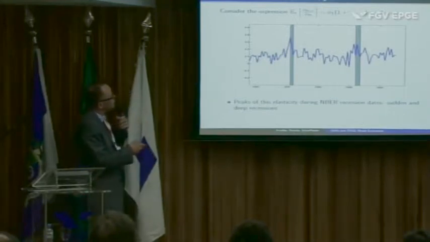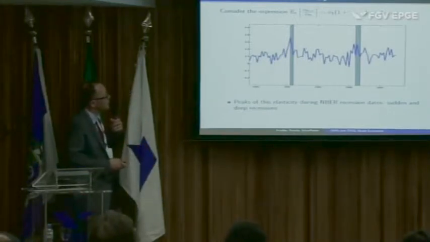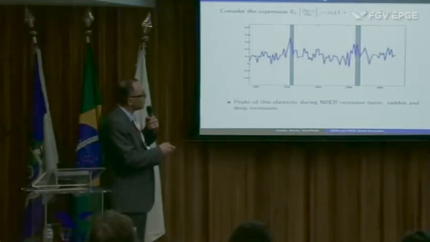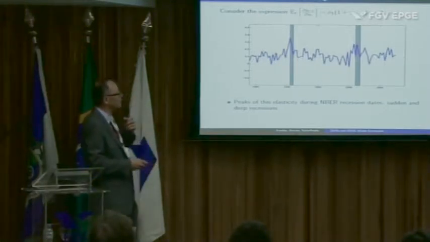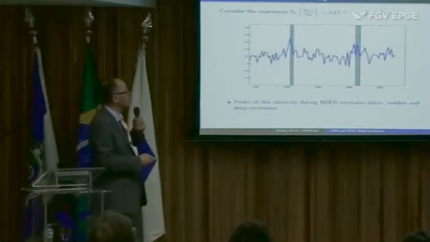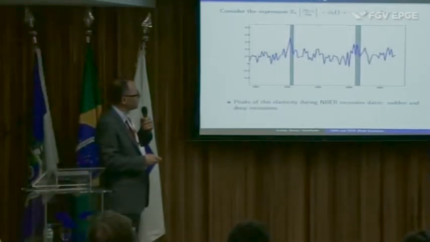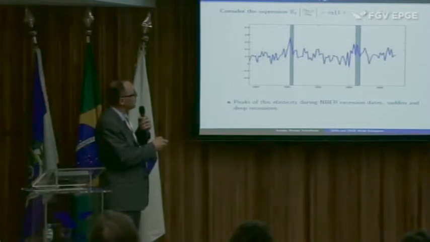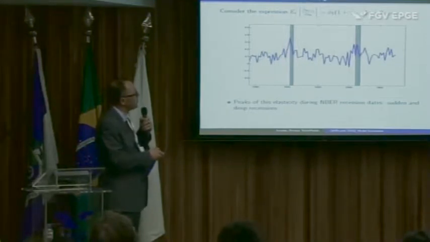So this phi 2 is negative. You can calculate, for example, an impulse response function after one period: the marginal effect of a change in u t on y t plus 1.